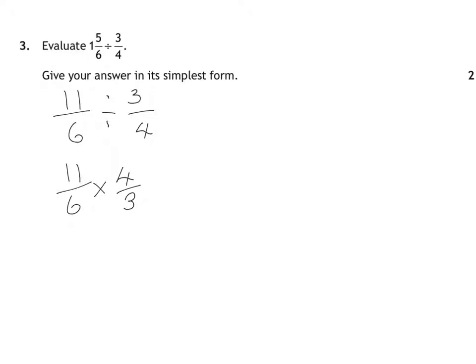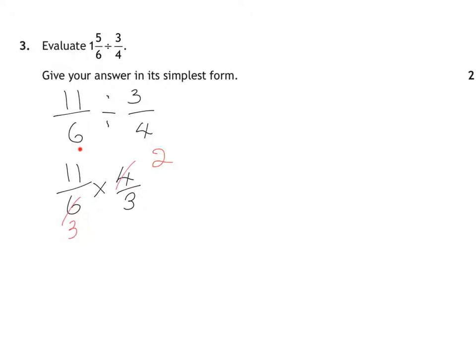Right, done that. Now look and see if there's anything that can make your life easier by going across the way to see if you can cancel out. 3 and 11 have got nothing in common, but 6 and 4 can both be divided by 2. Do that first to make your life easier when it comes to simplifying. So I've done my cancelling, and now I am going to do my multiplying.